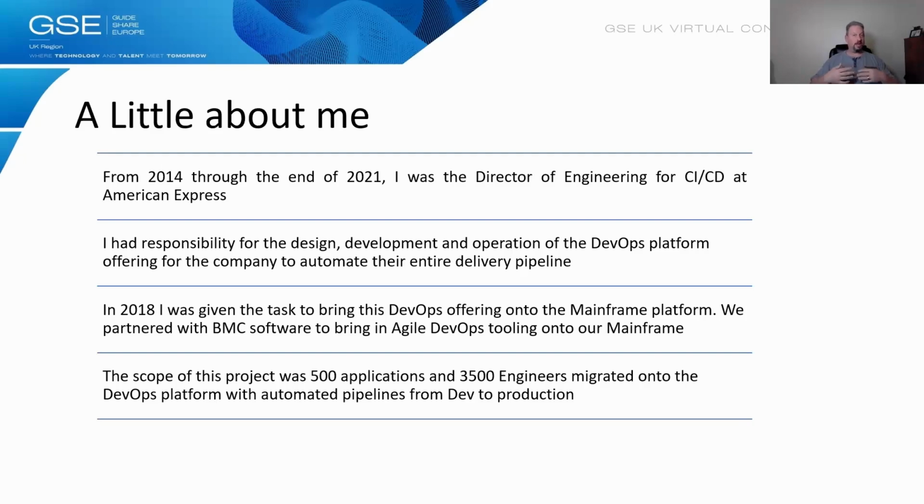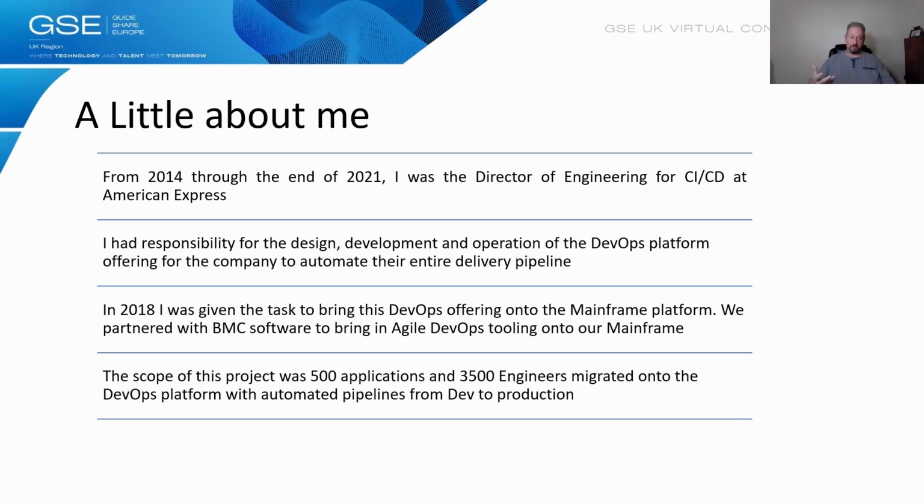So I'm not a typical mainframe developer. I am from the distributed side of the house, but this started with the distributed side and then eventually moved into the mainframe side when the company came to me and said they needed to bring automation and DevOps onto the mainframe.